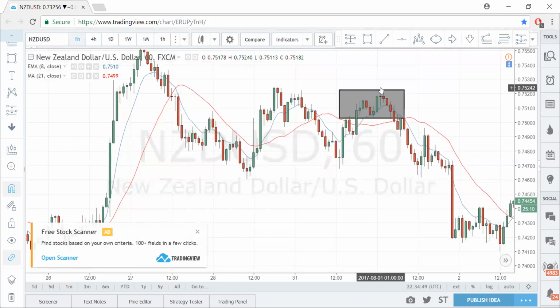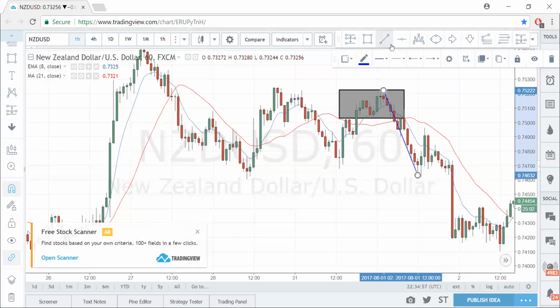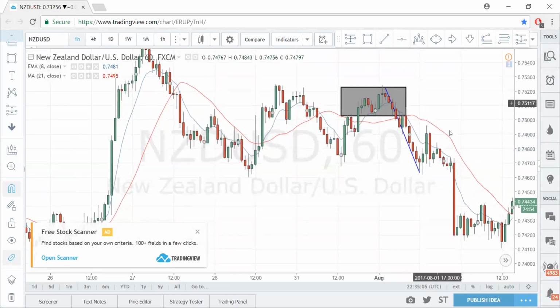After this impulse leg to here, market went all the way back up to where? Market went all the way up to here, right? To here.